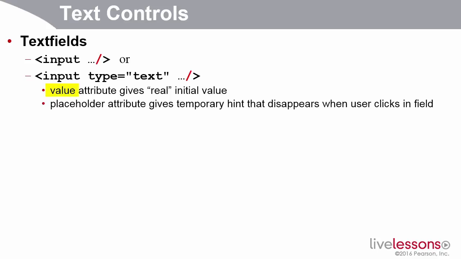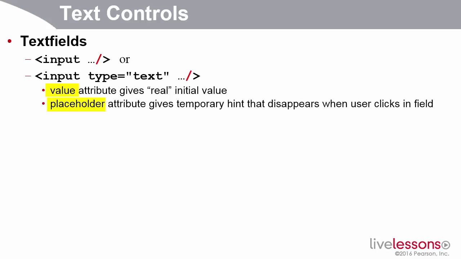But there's also an attribute called placeholder. Placeholder shows temporary text. The text kind of appears in the text field, but as soon as the end user clicks in the text field, it disappears. So it never becomes part of the submission, whether you use a regular form submission or JavaScript. It's just kind of a hint. So for example, you might have a prompt in front of the text field that says phone number.